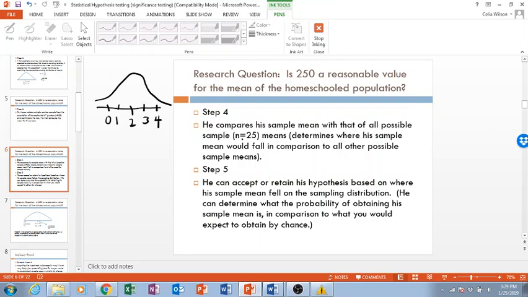So what he's going to do is take a look at that theoretical sampling distribution, because unlike our coin flips that we could actually do, he cannot randomly sample a size of 25 an infinite number of times. But we know these are theoretical and they're out there. So there is a distribution for sample size 25.